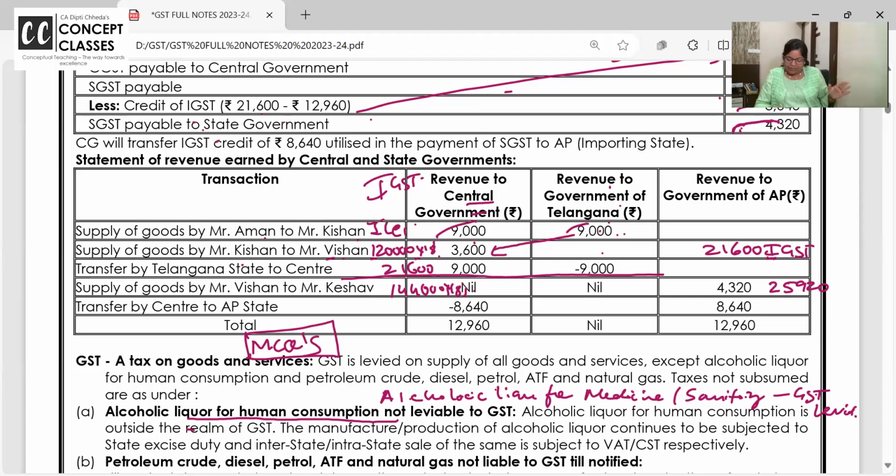Now finally, when the goods reached Andhra Pradesh, it is saying, give us the tax. 1,44,000 at 18%, 25,920. Already through multiple stages, 21,600 is paid. So 4,320 this state will get.